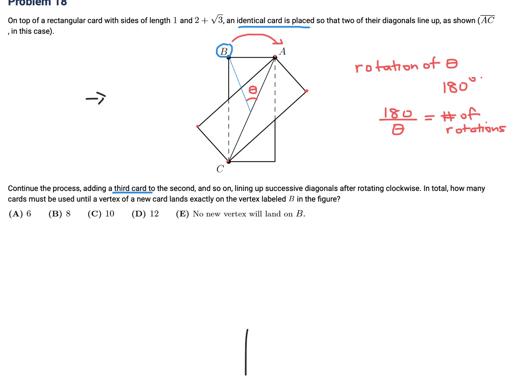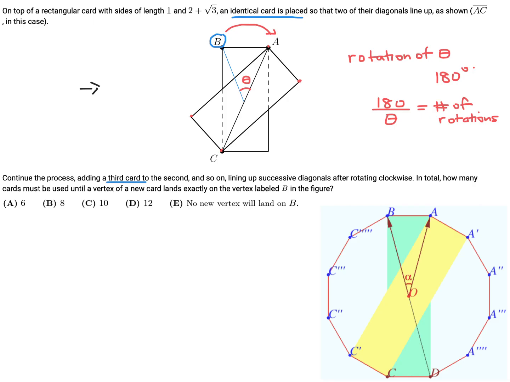So I think I'll illustrate that with a nice diagram. Let me show you. This diagram is very nice, and I think it's very helpful. As you can see, it shows what happens when you keep rotating. Currently, B is here, right? And when you made the first turn, which is shown by the yellow rectangle, the original rectangle being in green, B goes from here to here.